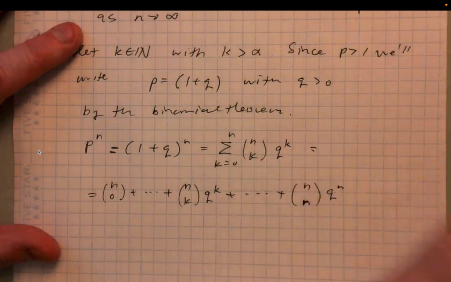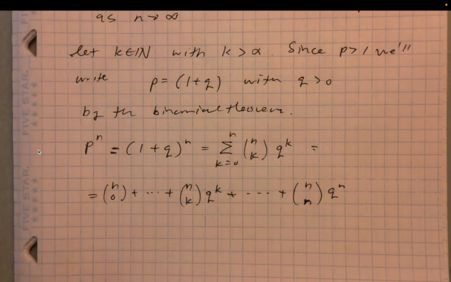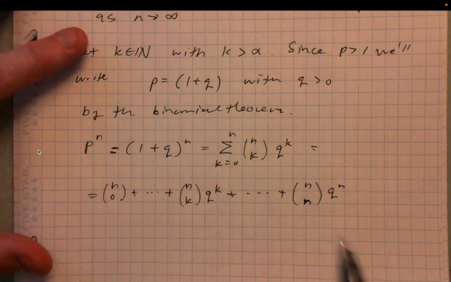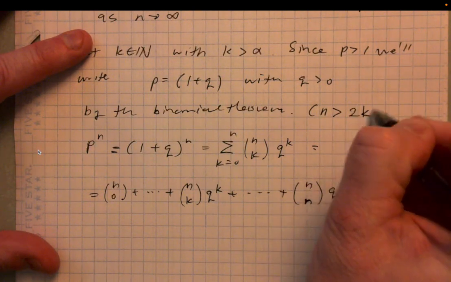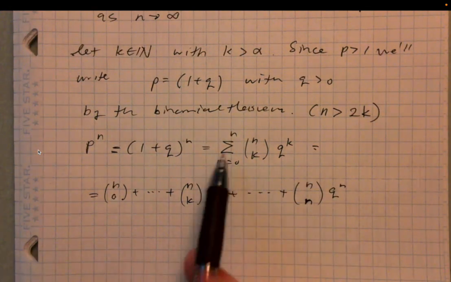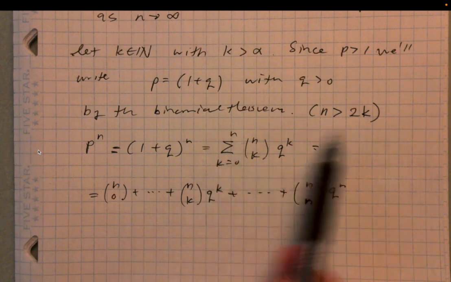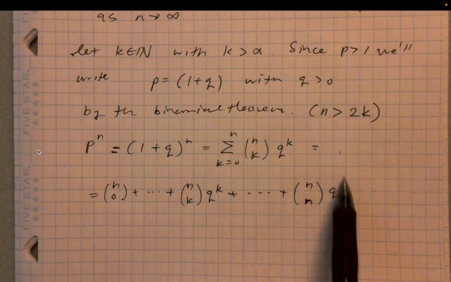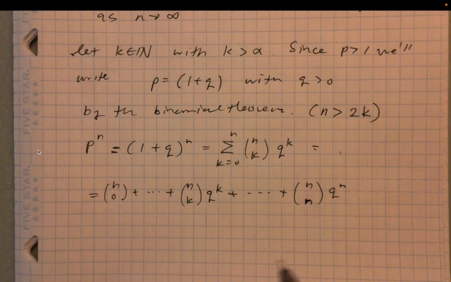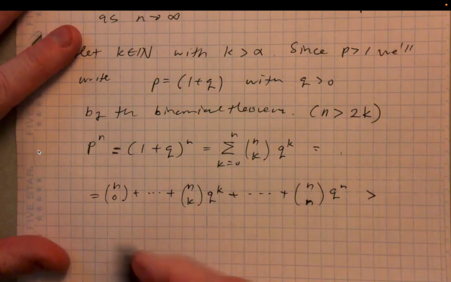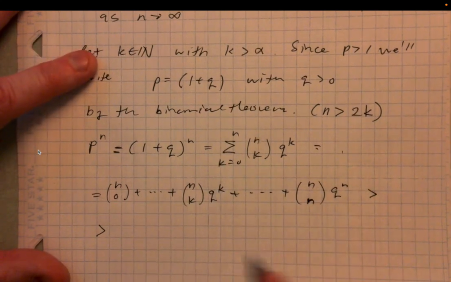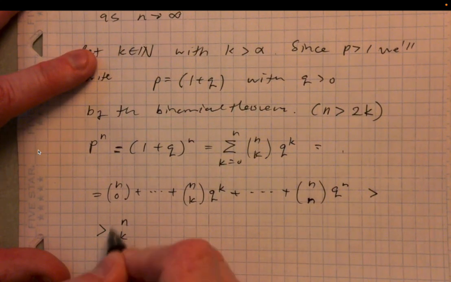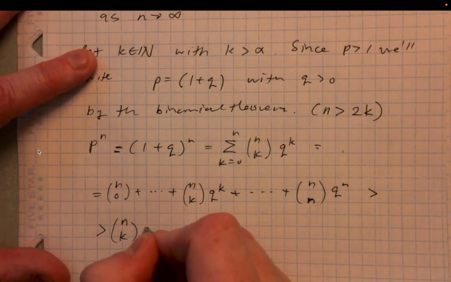But for certain expressions, specifically when n is greater than 2k, right? So whatever k happens to be, when n is larger than twice k, we have actually that the entirety of the sum is greater than n choose k, q to the k.